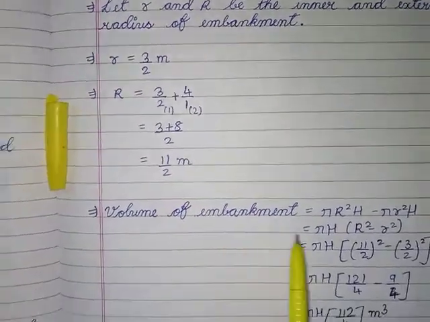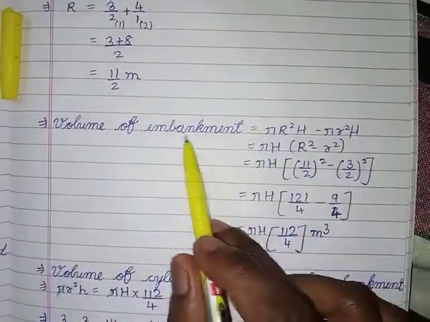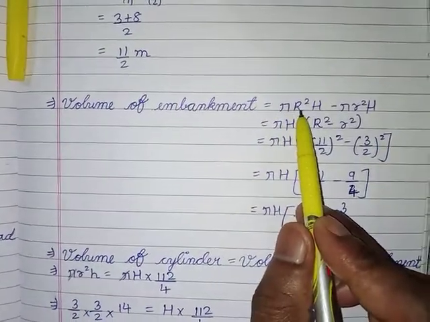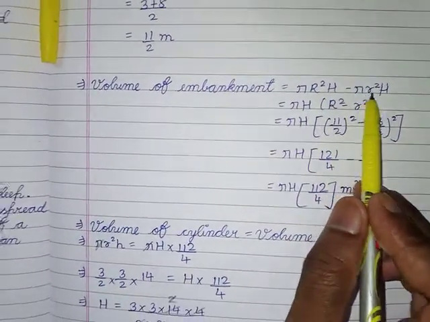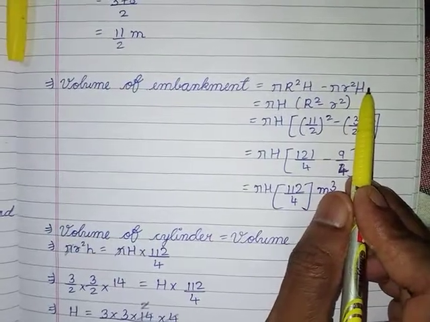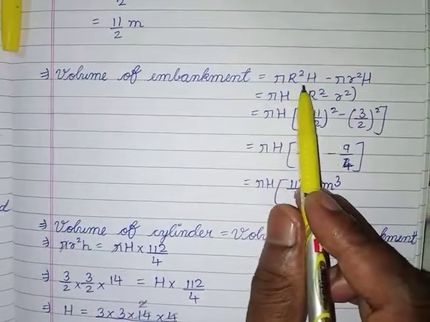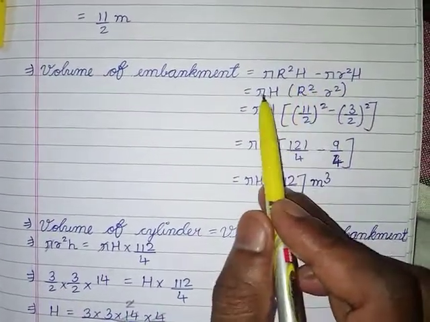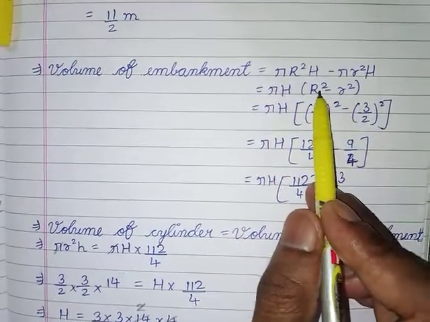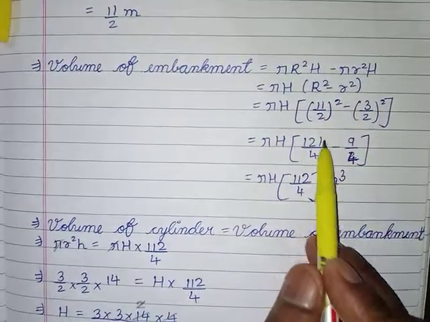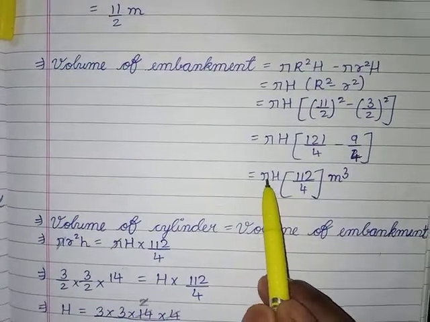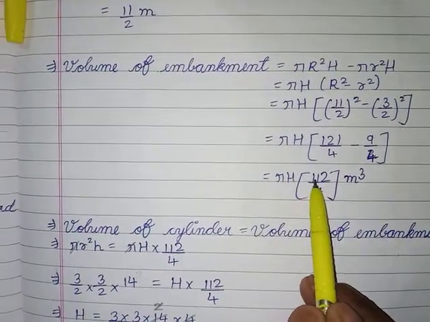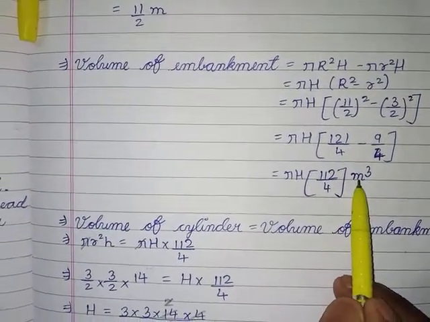So the volume of the embankment is pi capital R square h minus pi small r square h. Okay, so you can take pi h common, capital R square minus small r square. If you simplify it, pi h, you will get 112 by 4 meter cube.